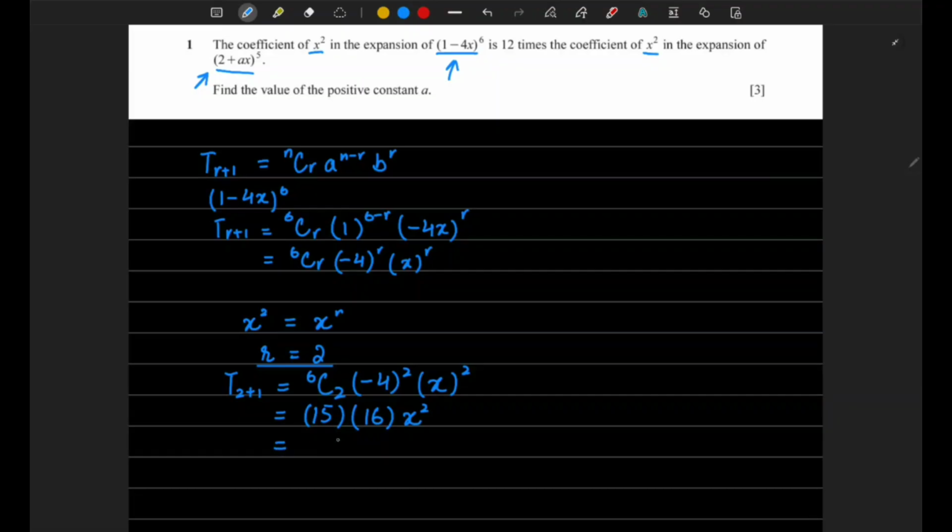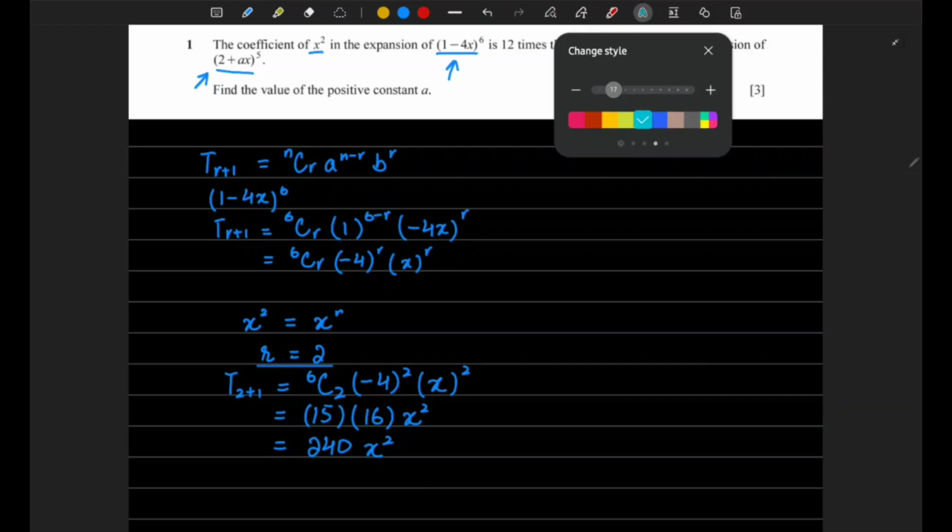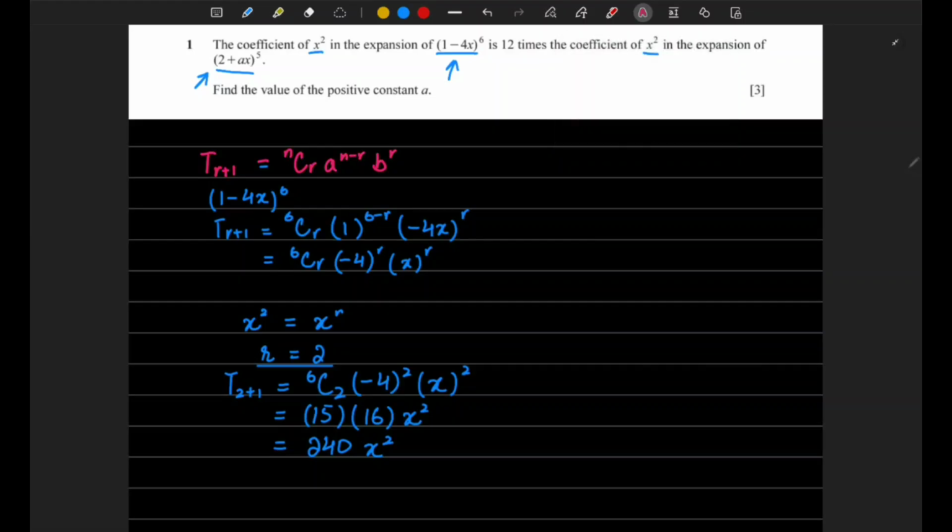So this will give you 240x squared. Okay, so this is for the first bracket.